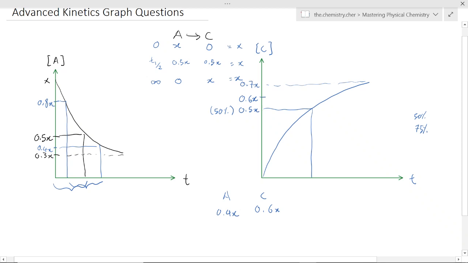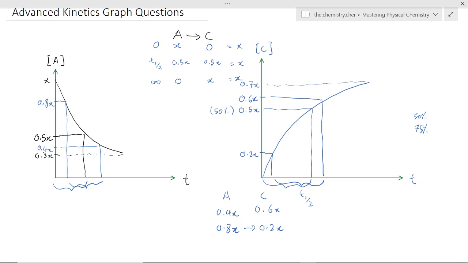On the other hand, if A is half the concentration of another value, then the previous value will be 0.8x for A, which means that if I translate it back, it will be 0.2x for C. So all I need to do is look for 0.2x over here, and I'll mark this point of the graph and this point of the graph, and this shows me a t half, and the timing should be the same as the earlier one over here.